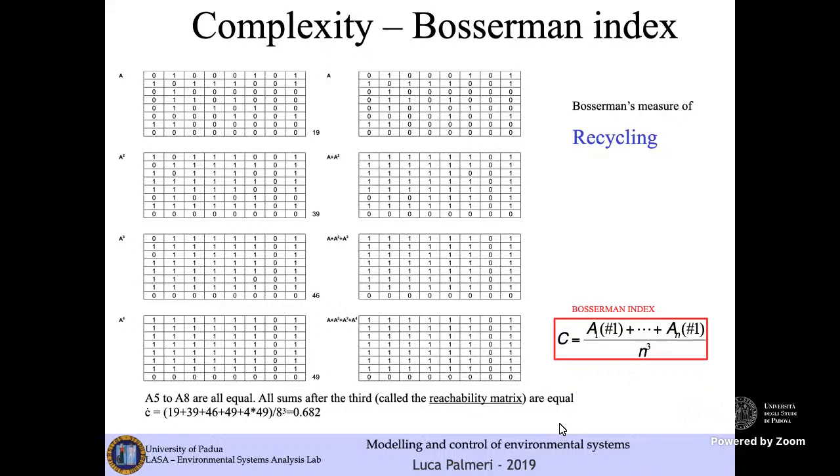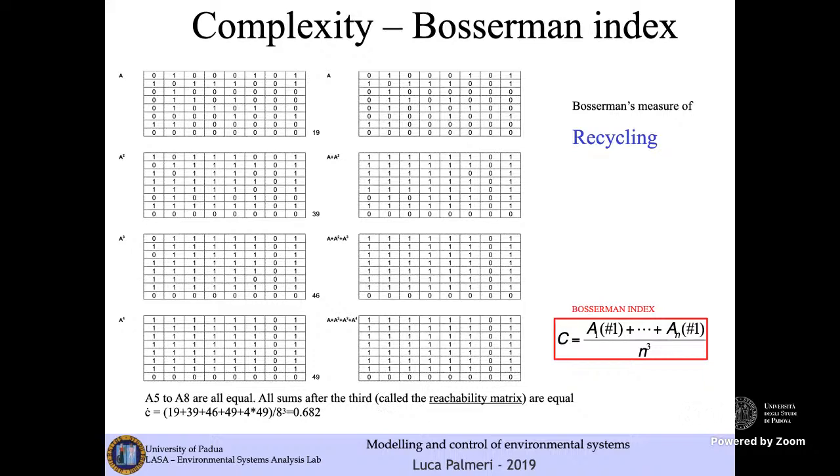You sum all the ones that appear in your matrices, and you divide by the cube of the number of lines. This indicator is called the Bosman recycling index.